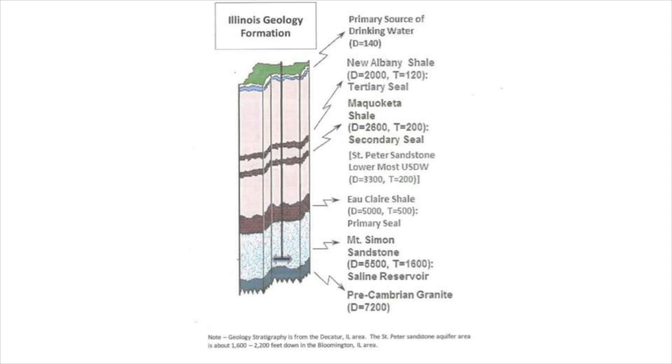So the way sequestration works is that CO2 would be pumped down that well that you see, and at the bottom where it has arrows, it would be forced out under a lot of pressure, because this is about 1.5 miles deep. And the saline or brine that's down there in that sandstone is under a lot of pressure. It's got 1.5 miles of earth sitting on top of it, okay?